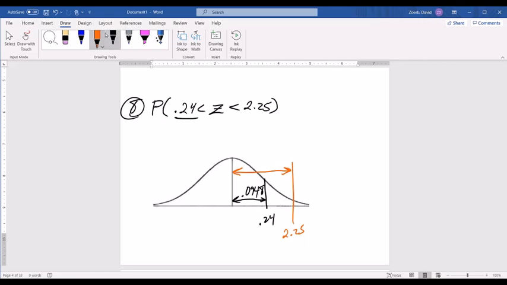And then I need to look up 2.25. So 2.2, go over to 5, and you get 0.4878.